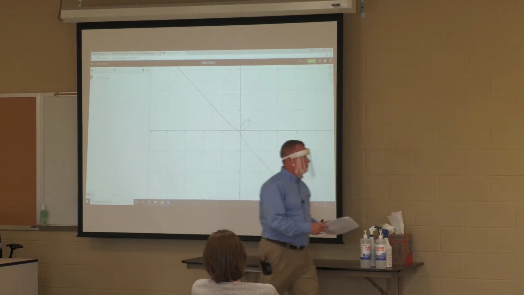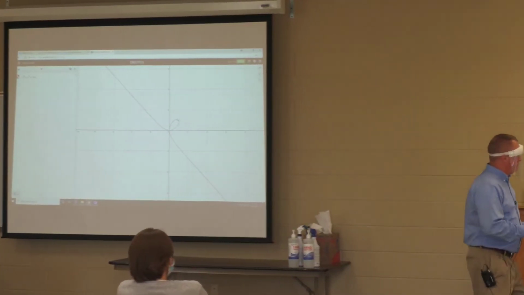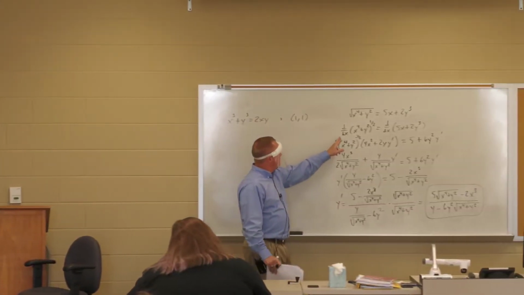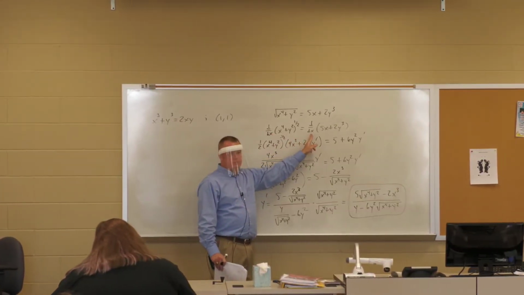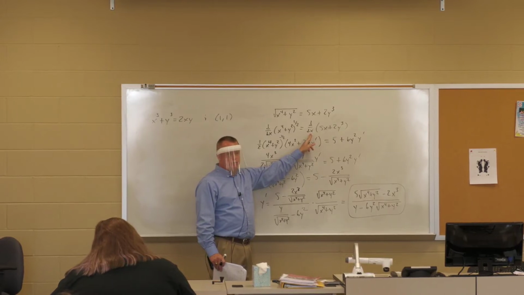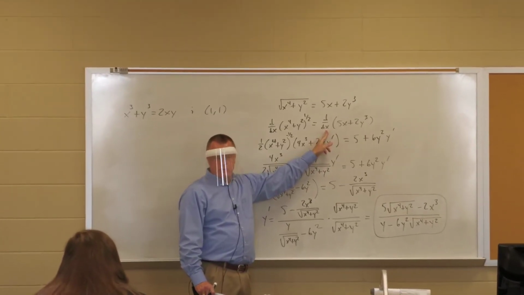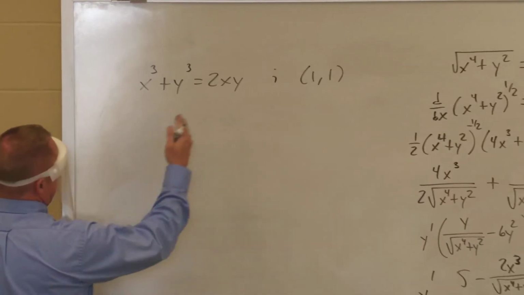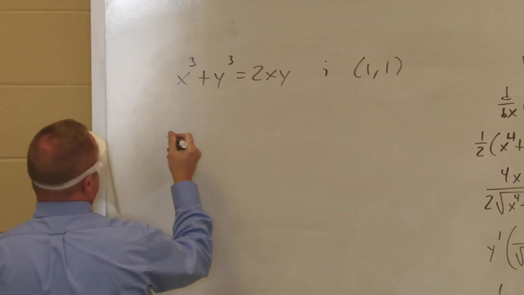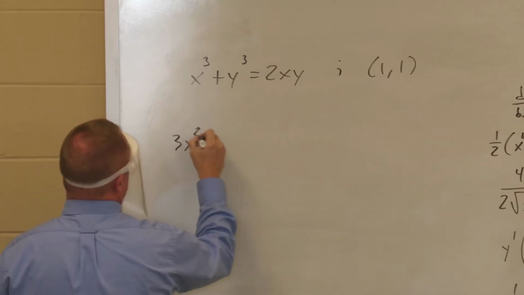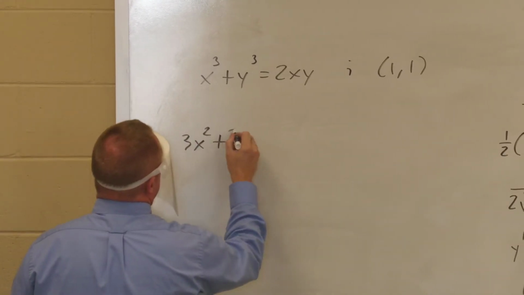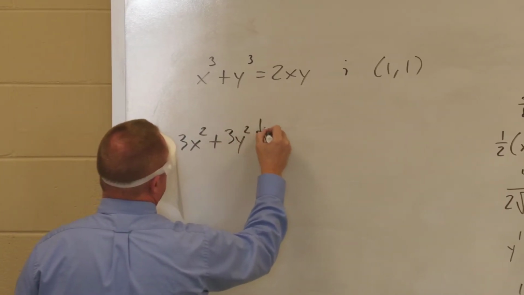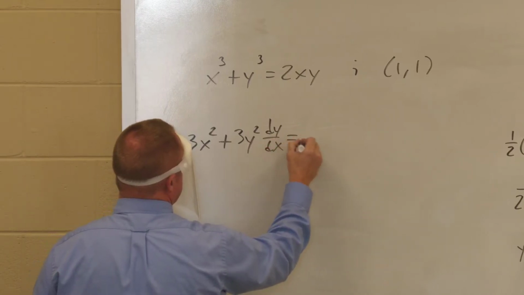Okay, so let's do our derivative. All right, so now I'm not going to write dx on both sides anymore. Okay, so y'all are good? Y'all understand what we're doing? Taking the derivative with respect to x of both sides. Okay, so take the derivatives. All right, I got 3x squared plus 3y squared times dy dx.